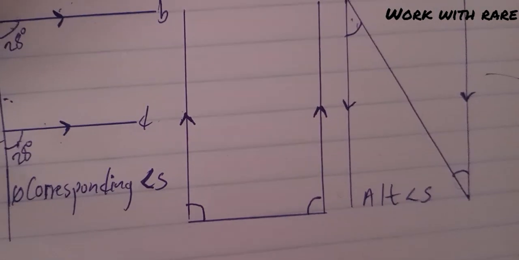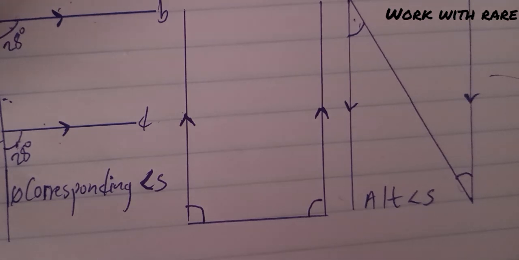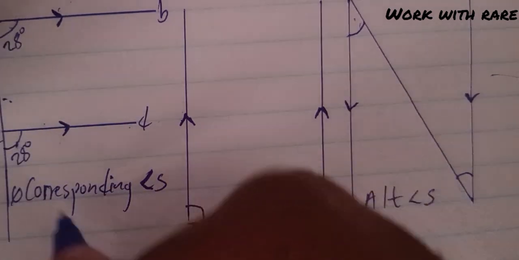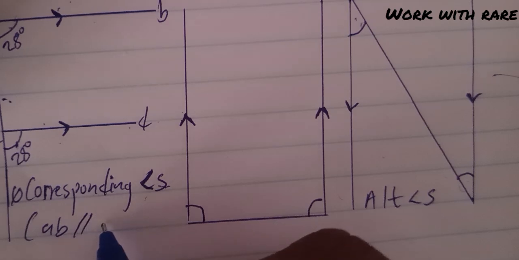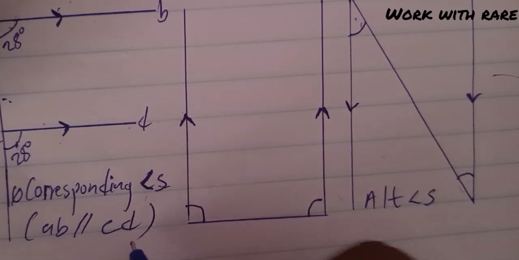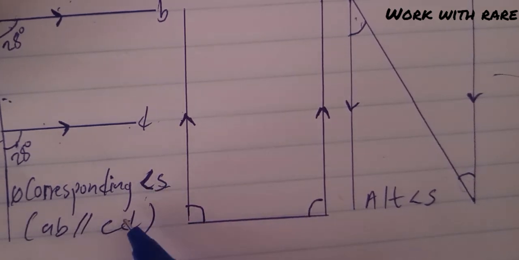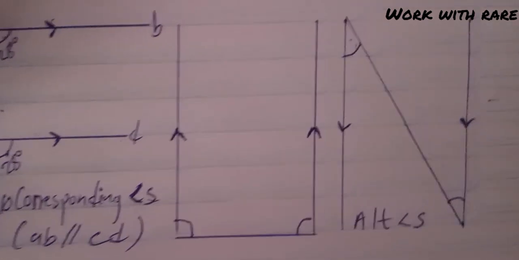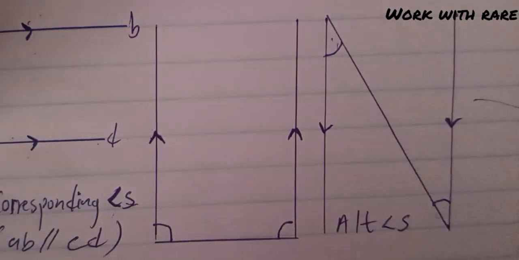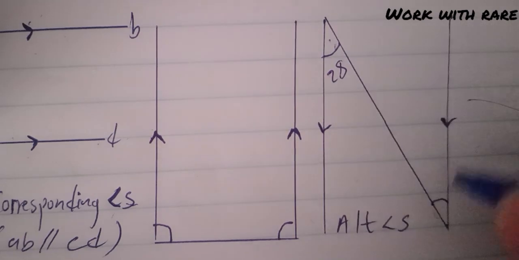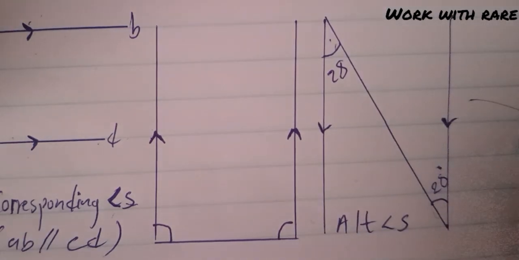Especially you grade FET learners, when you can see that you are given parallel lines, make sure after you write this, you say AB is parallel to CD. Okay, so yes, this is corresponding angles. They are also equal. Let's say here it is 28, here it is also 28.